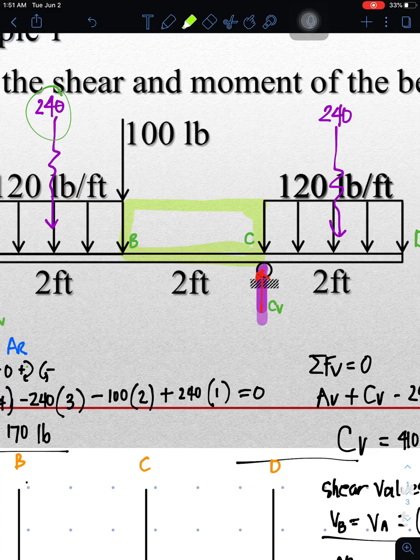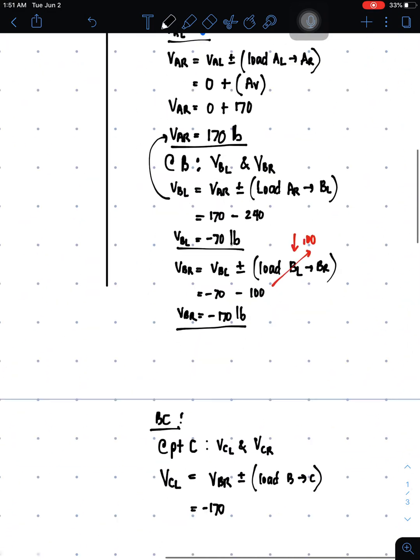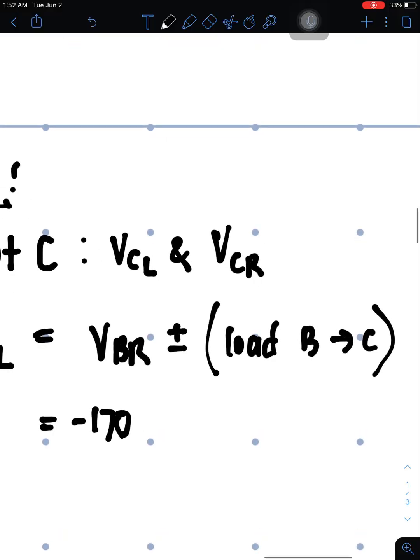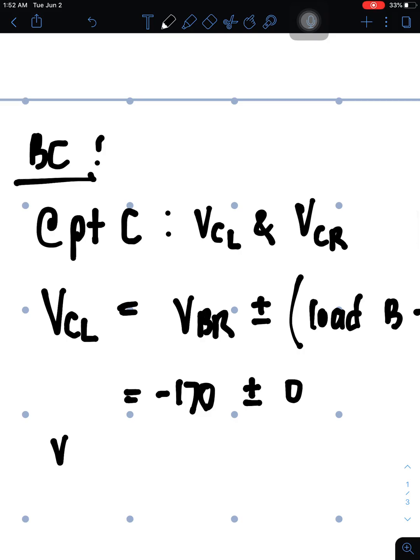So there is no load between B to C. So we just write what its load is. It happens that there is no load between B to C, so for the plus or minus you put 0. Therefore, VCL is still negative 170, and this is in pounds.